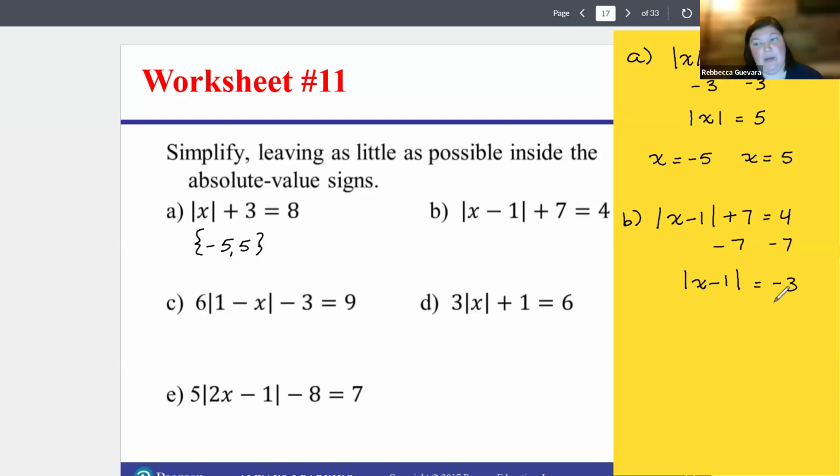So instantly we have a problem here because we have absolute value equal to a negative number. You could have a negative over here and it would be fine, because we might be able to move something and it'll be positive. So it's when you get to this point where you isolate that absolute value that you start assessing: do I have 1 solution, 2 solutions, or no solution? In this case, we have no solution.